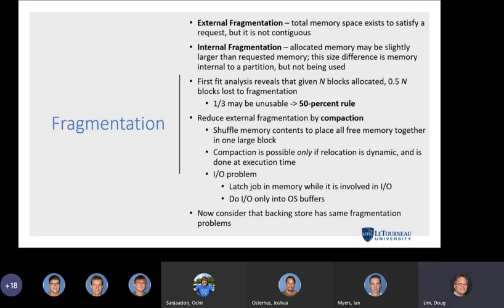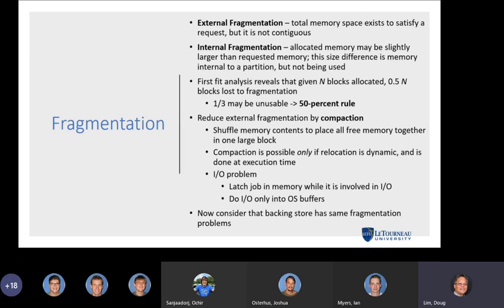So with this scheme, we have a situation with fragmentation. You've probably heard of fragmentation in terms of disks, and it's a very similar problem. We have two categories of fragmentation. External fragmentation is when the total memory space exists to satisfy a request, but it's not contiguous.